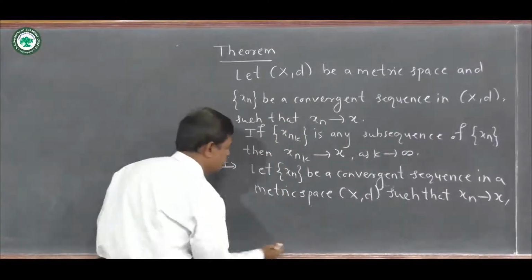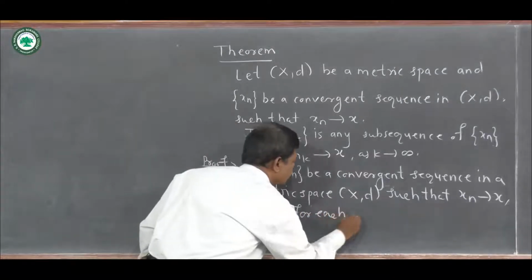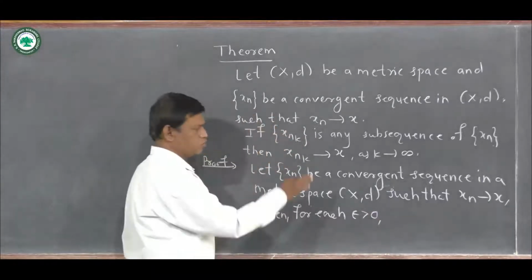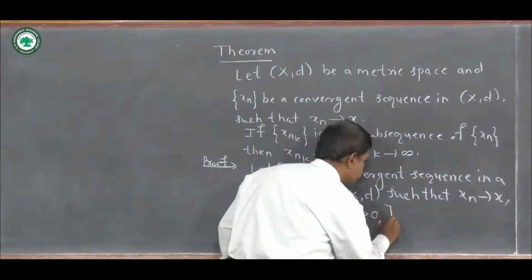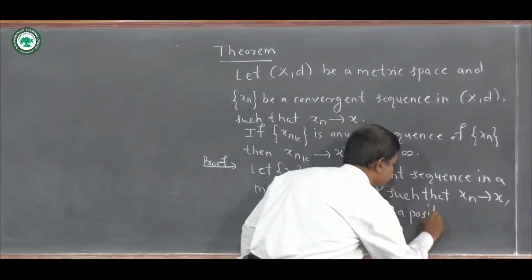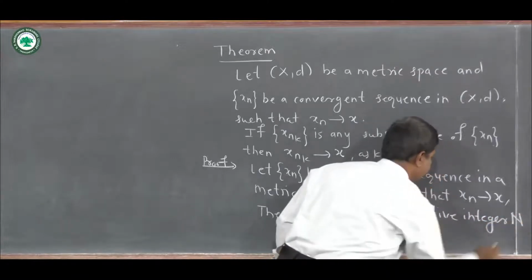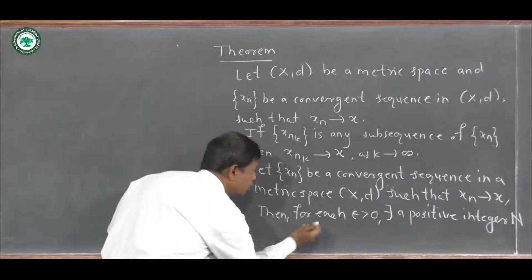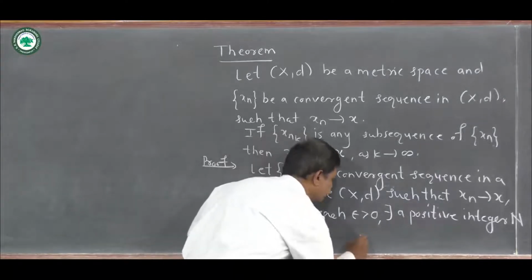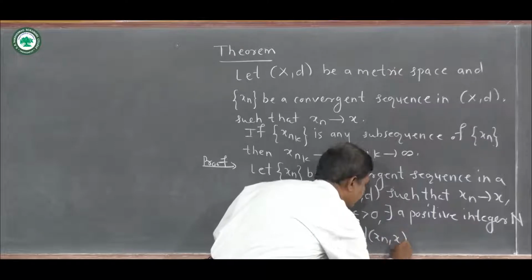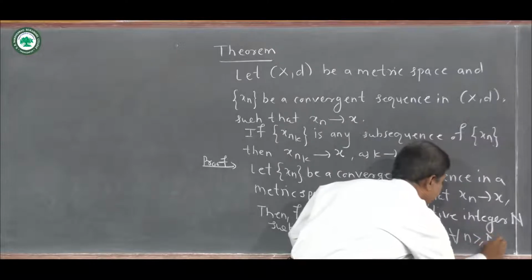Then, by using the definition of a convergent sequence, for each epsilon greater than 0 there exists a positive integer capital N such that the distance between xn and x is less than epsilon for all n greater than or equal to N.